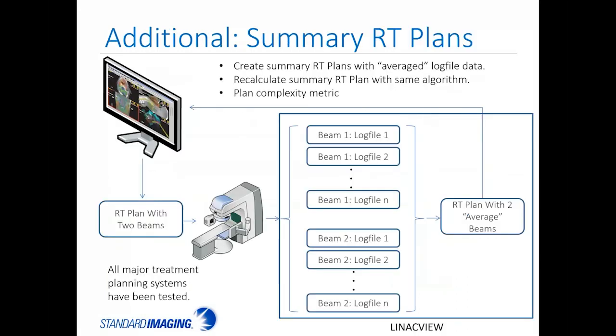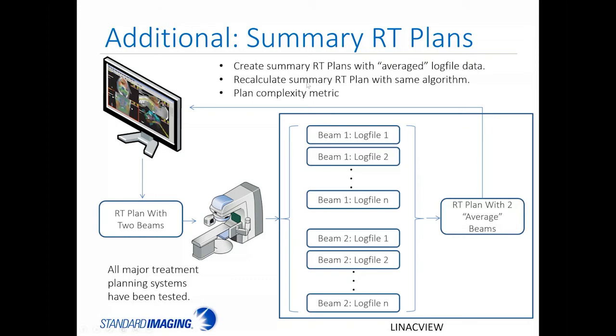Another interesting feature that I mentioned briefly is the summary of the RT plans. Once you have delivered all of your fractions for a particular patient, you will have log files that LinacView has analyzed, and then LinacView can create an average RT plan with the actual delivered control points, monitor units, leaf and jaw positions.